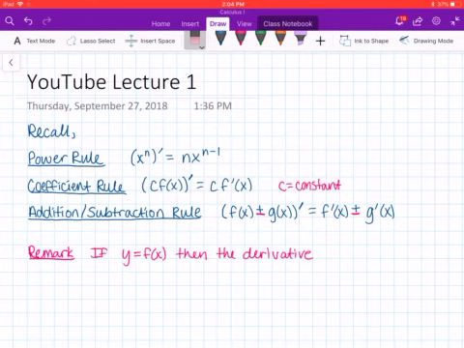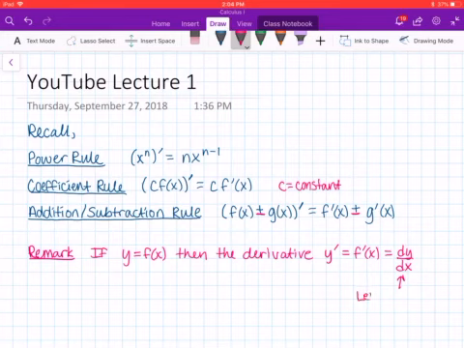So I wanted to do a quick remark here where it says if y equals f of x, then the derivative is y prime, which equals f prime of x. And then we could also use this new notation dy dx. Now this is called Leibniz notation.